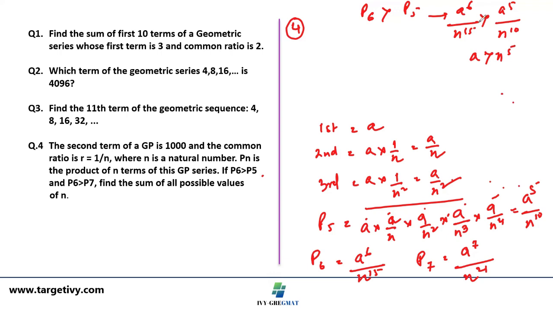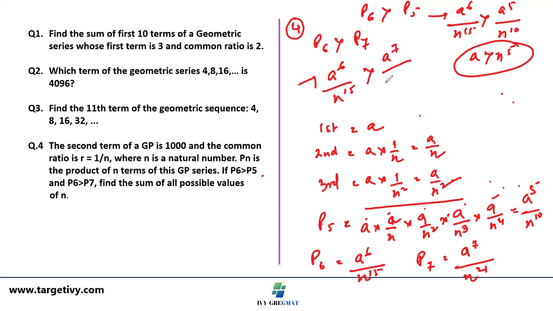Similarly, if P6 is more than P7, that means A to the power 6 by n to the power 15 is more than A to the power 7 divided by n to the power 21, which means n to the power 6 is more than A. So these are the two derivations which we get.